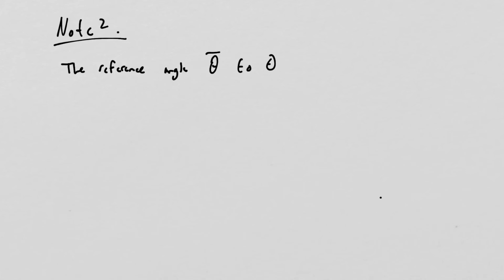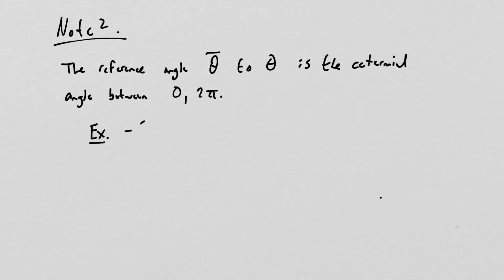Note number 2. The definition of a reference angle is the coterminal angle that's between 0 and 2 pi. For example, let's go ahead and find the coterminal angle for negative 8 pi divided by 9. First, we'll go ahead and draw the angle.